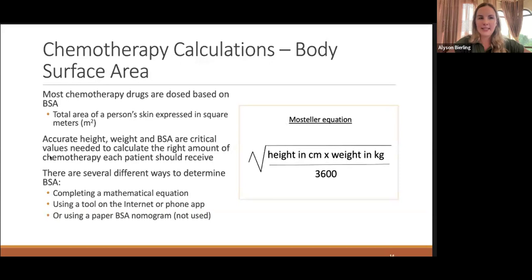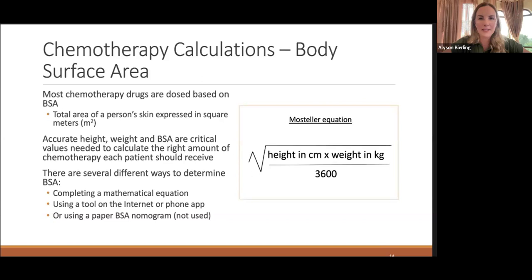So as I mentioned on the previous slide, most chemotherapy drugs are dosed based on body surface area. So this is the total area of a person's skin expressed in square meters. There's a few different ways to determine the body surface area. One of these ways is by completing a mathematical equation.